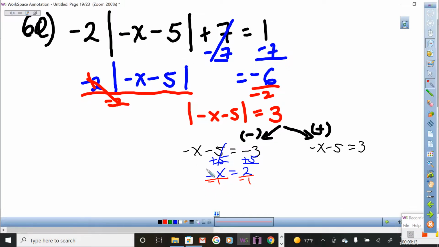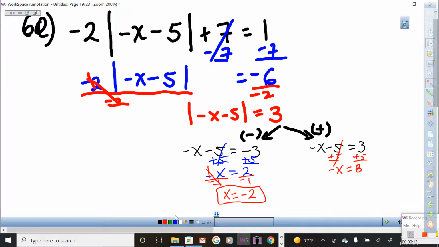And that leaves us with x equals -2. Solve the other one. Plus 5, negative x equals 8. Once again, how do we cancel that negative here? Well, we divide by -1 both sides, so that leaves us with x equals -8.